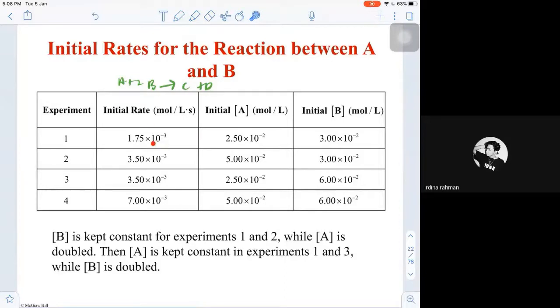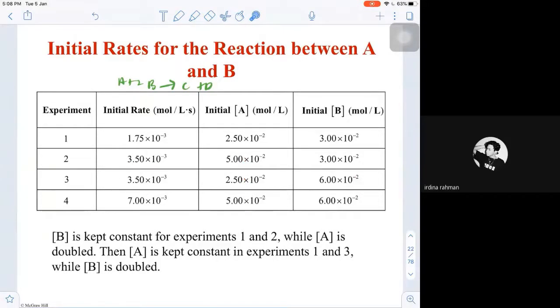This is the rate for these concentrations of A and B. In the second experiment, they changed the concentration of A to 5 exponent negative 2, with the concentration of B remaining 3 exponent negative 2. The rate is now 3.5 exponent negative 3. In experiment 3, they changed the concentration of A to 2.5 and B to 6 exponent negative 2, and the rate is 3.5 exponent negative 3.